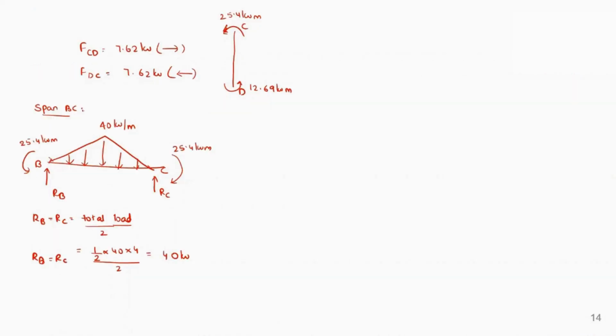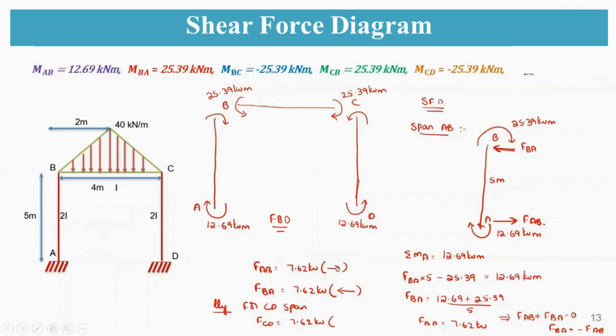So the shear force diagram will be, this is A, B, C and D. For AB and BC, this is in this direction and this is in this direction.